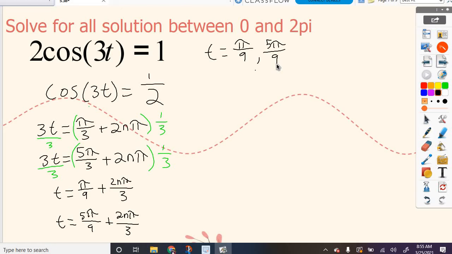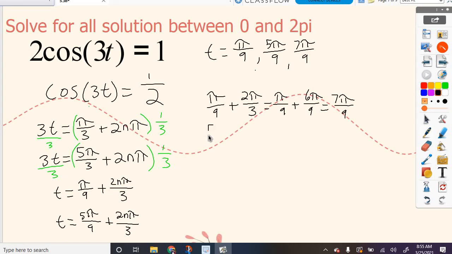The second option would be if I plugged in 1. So we would have pi over 9 plus 2 pi over 3. We need to find a common denominator. So we multiply our second fraction by 3 over 3. So we get 6 pi over 9, which gives us 7 pi over 9.